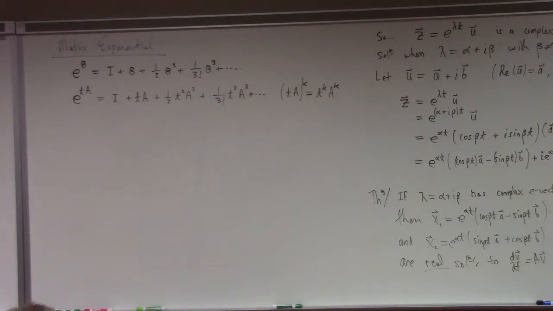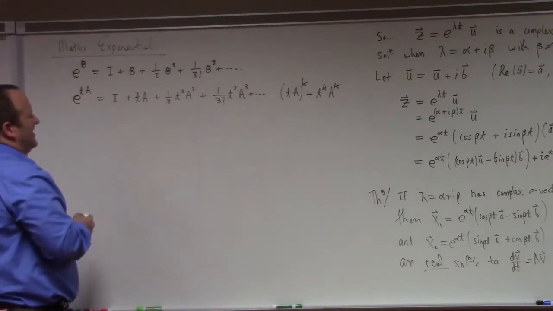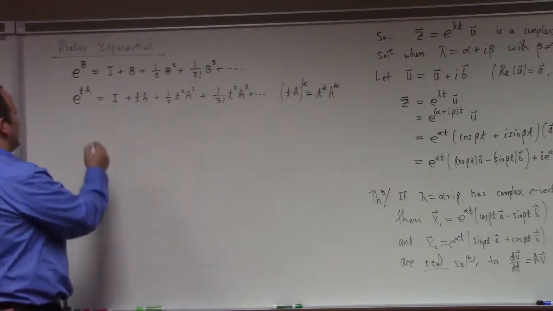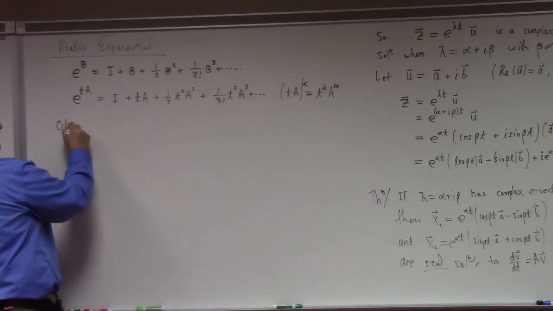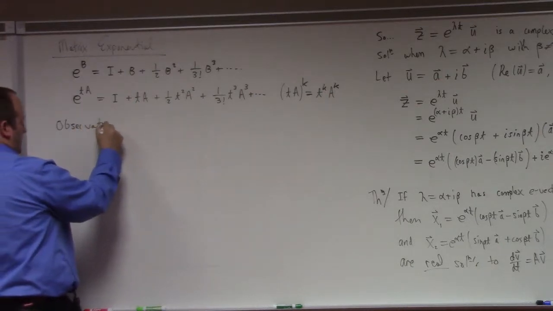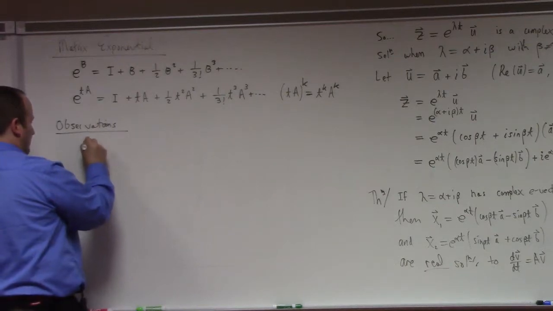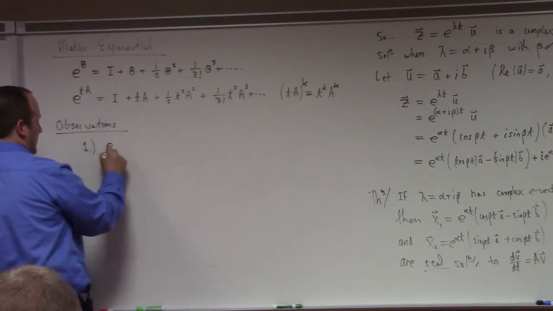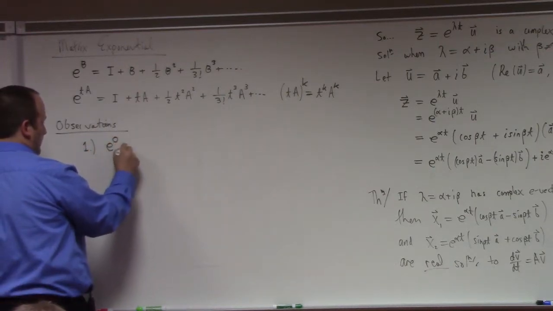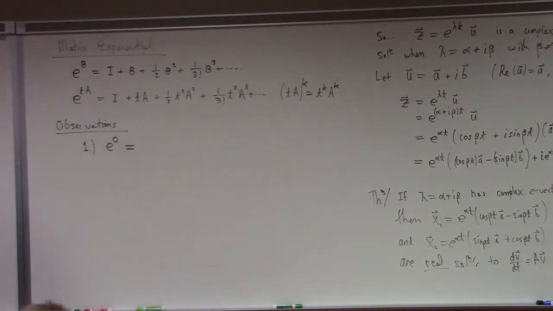What observations can we make about this? Number one, if we take e to the 0 matrix, what does it give us?